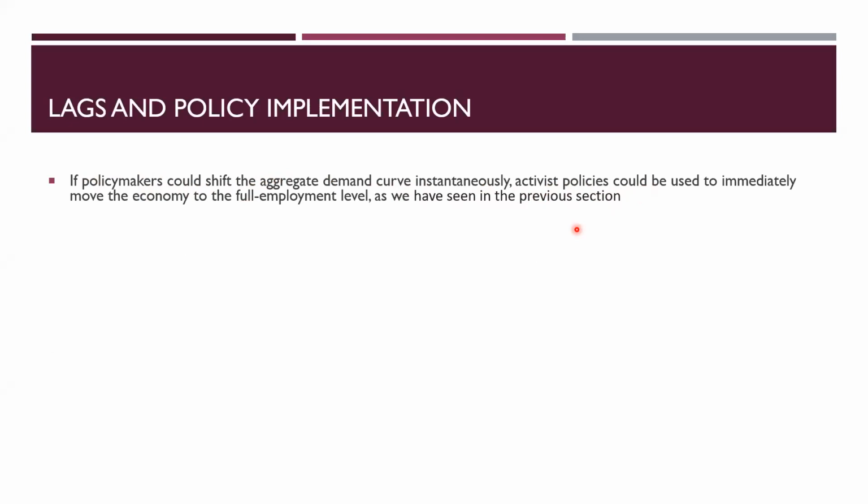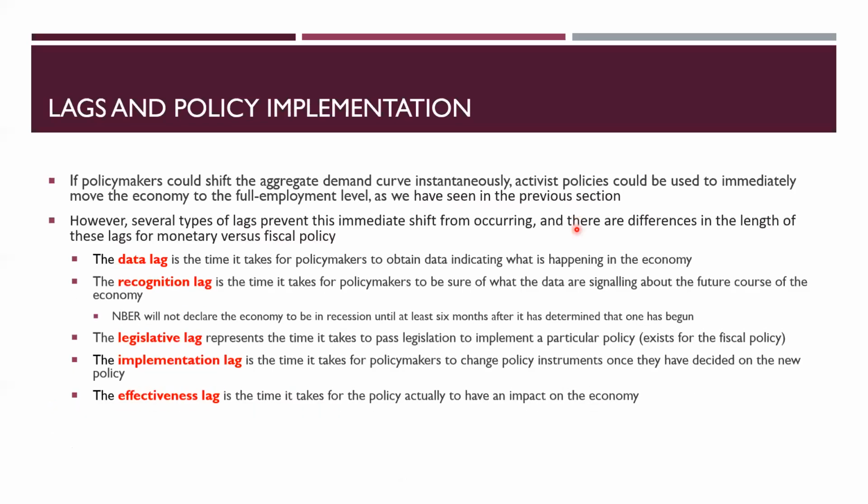How much should we increase the money supply so that the full employment level of output is reached? That should be very easy. But that's not the case. However, several types of lags prevent this immediate shift from occurring, and there are differences in the length of these lags for monetary versus fiscal policy.